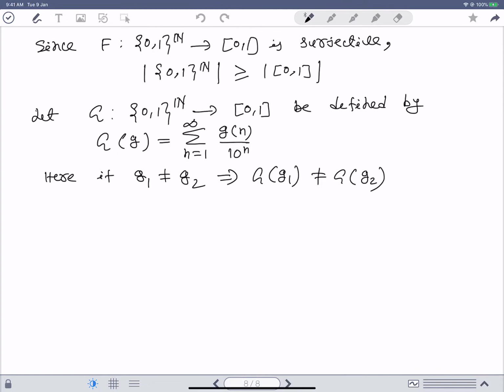This is also a property of real numbers. Why? Because of the decimal sense here. Since g1 is not equal to g2, there exists n such that g1(n) is not equal to g2(n), right?